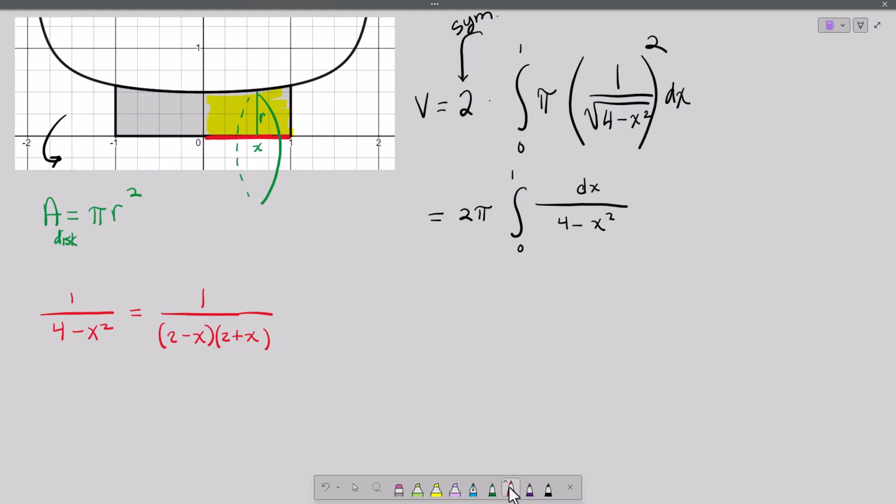Both of those are linear. So this is a quadratic factor here, but it's not irreducible because you can, in fact, factor it. So it's not an irreducible. We don't do a linear in the numerator. We break this apart into 2 of these partial fractions. Linear denominators, constant in the numerator.